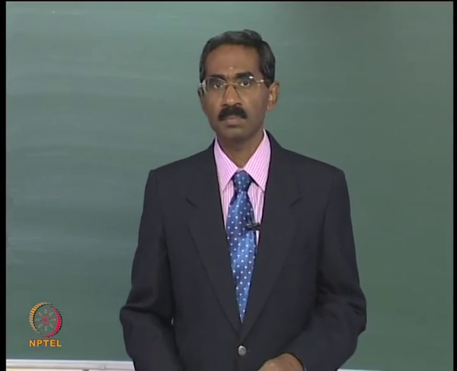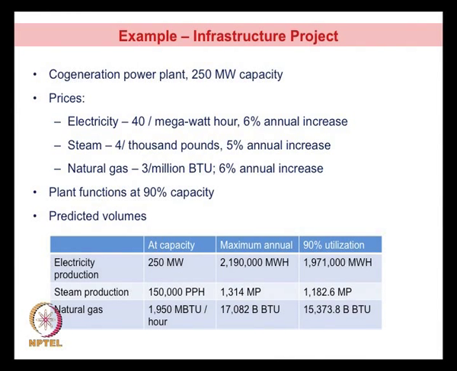To recollect, the example that we were proceeding was, we had a cogeneration power plant which has an installed capacity of 240 megawatts, and the plant generates electricity as well as steam, and the plant has signed a purchase agreement for both electricity and steam, and the rates are specified at 40 per megawatt hour for electricity, escalating at the rate of 6% every year, and then steam at the rate of 4 per 1000 pounds, escalating at the rate of 5% every year.